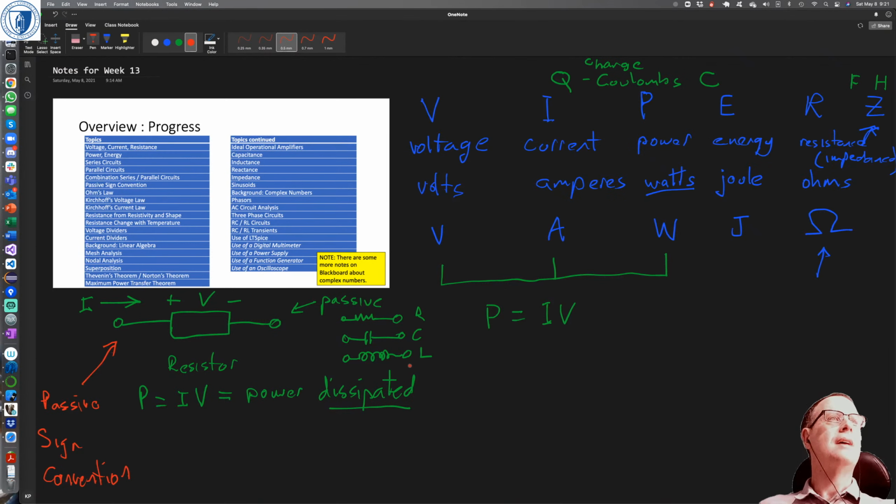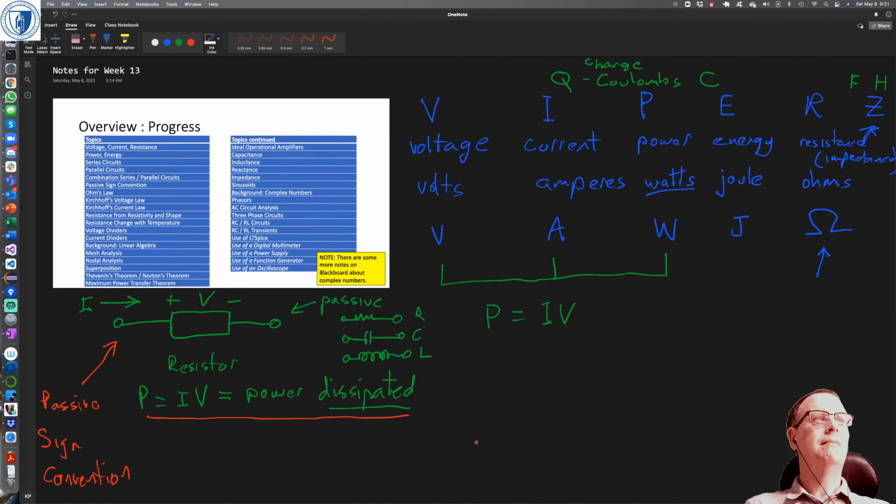Right? So if a device satisfies the passive sign convention, then this is true. Multiplying the current and the voltage gives you the power dissipated.